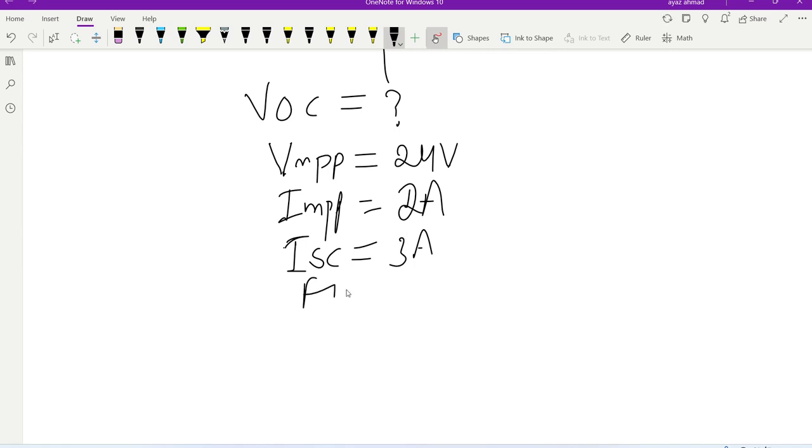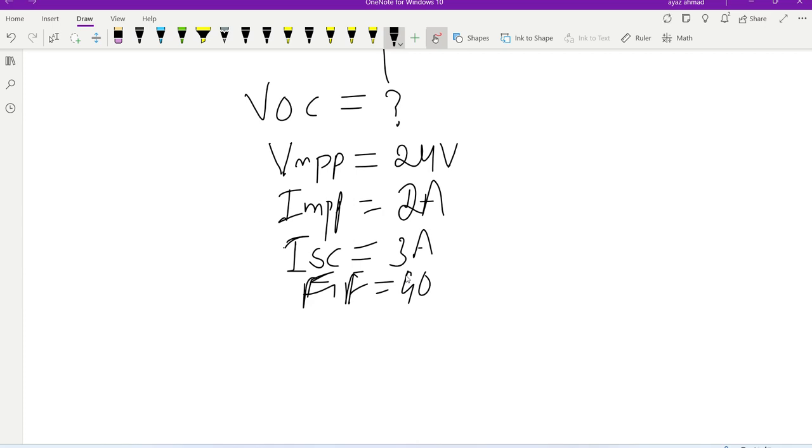Then fill factor is equal to 40, for example. Then we have to find out VOC.